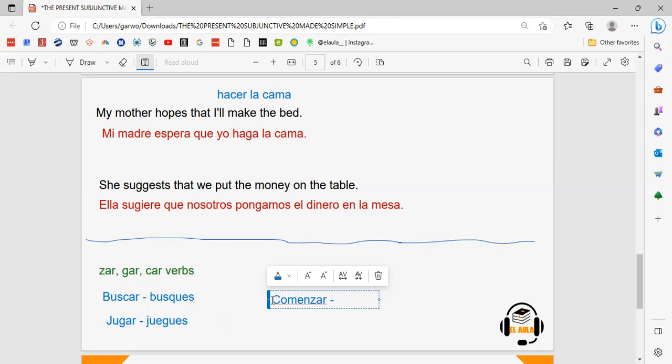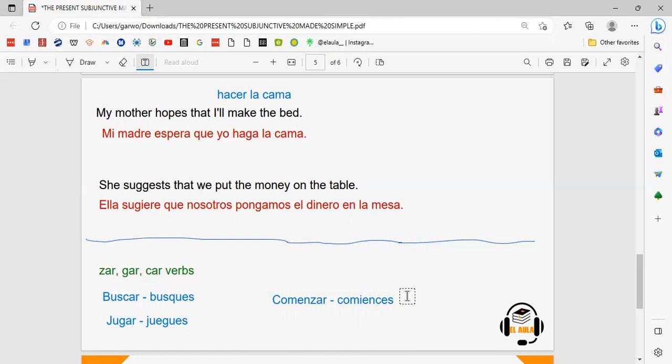Following the rules, we'd say, okay, present tense yo form is empiezo. And then we're going to drop this O and add our endings. For phonetic reasons, we're going to change this Z to a C.